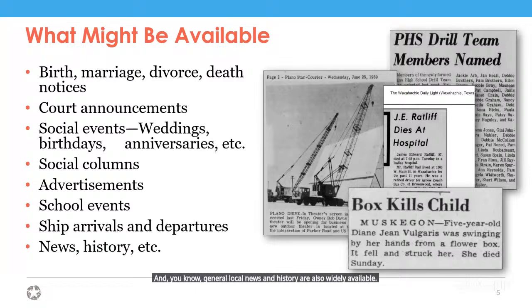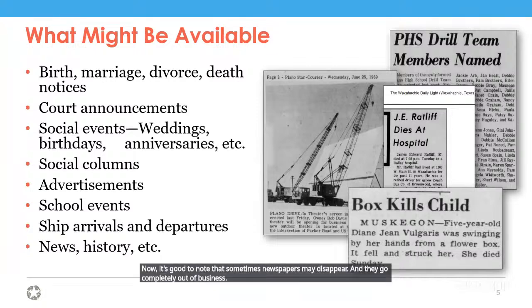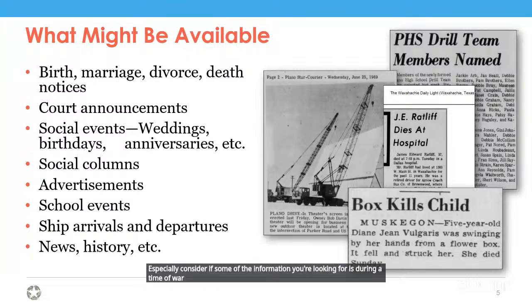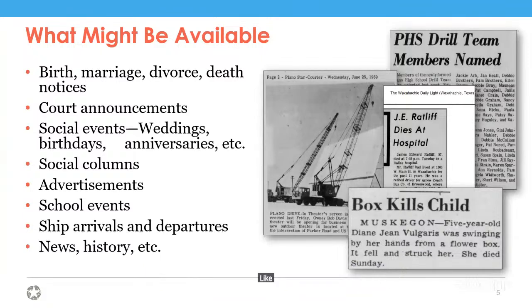Now, it's good to note that sometimes newspapers may disappear and go completely out of business. So, especially consider if some of the information you're looking for is during a time of war or disease, pandemics, like the most recent COVID-19, I dare say.